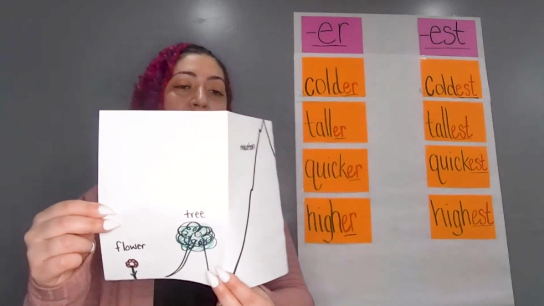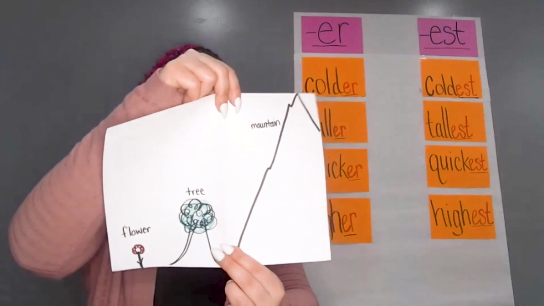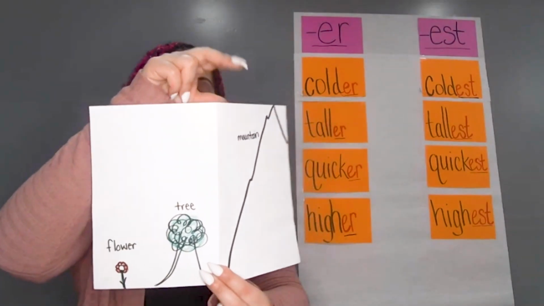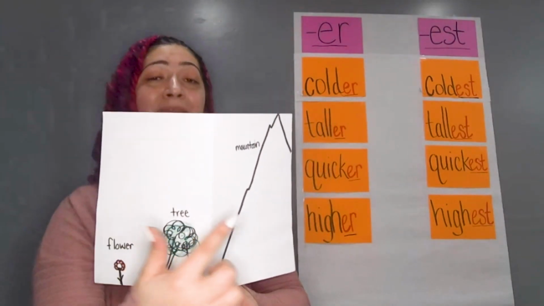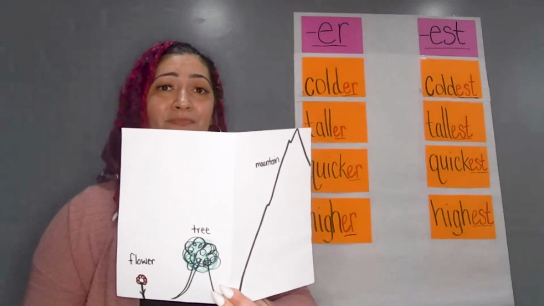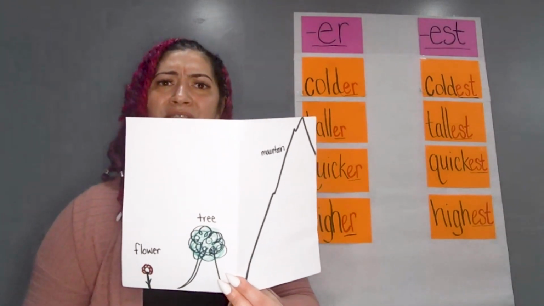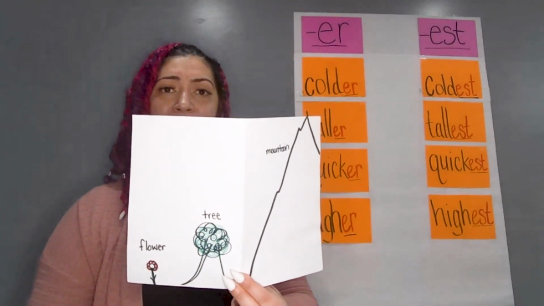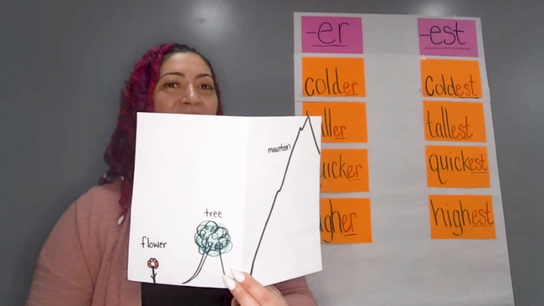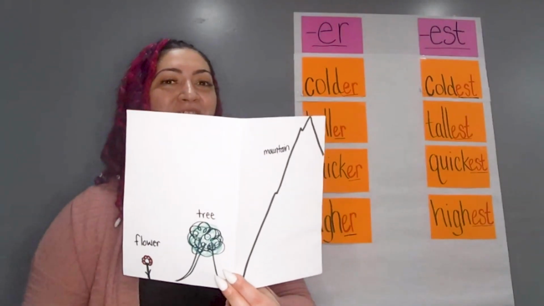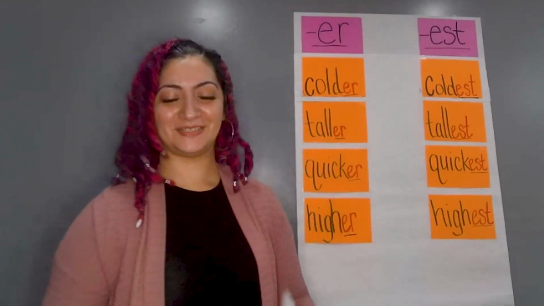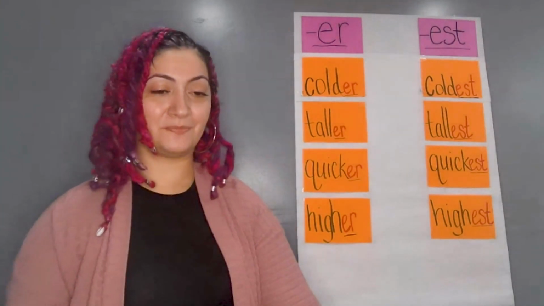Now I have more than 2 things. We have a flower, a tree, and a mountain. Which one is the tallest of all? For sure, that mountain is the tallest of all. Nice work. Let's keep going.